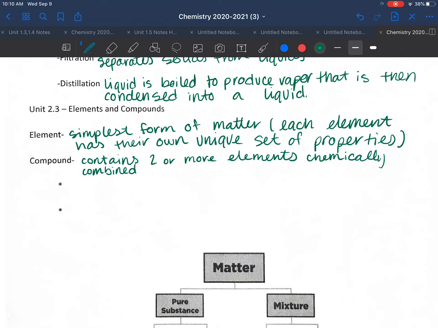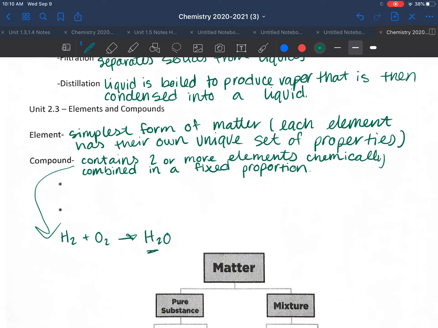It contains two or more elements chemically combined in a fixed proportion, so it's very specific how we make compounds. For example, if we think of combining hydrogen with oxygen to make water, 2 hydrogens for every 1 oxygen is our fixed proportion. Here we're chemically combining them to make a compound, while hydrogen and oxygen are elements.